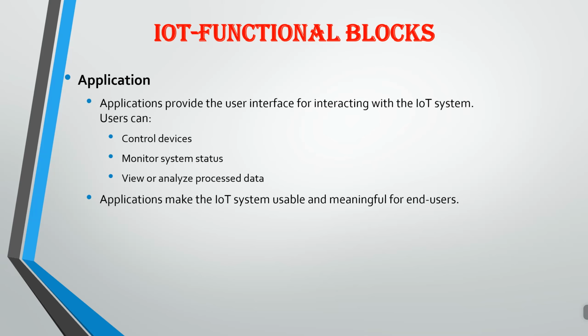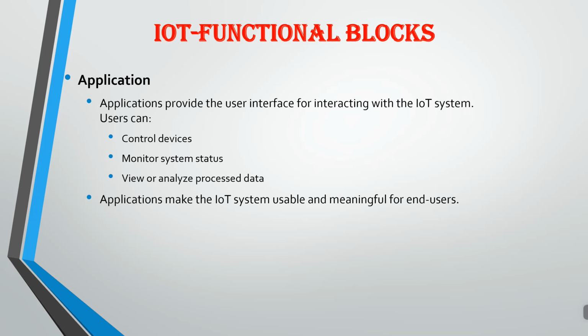So I've given an example of the car, but it could be with any IoT devices. An application software could control the devices. Application software could monitor the system status. At the same time, application software could view or analyze the processed data. So applications make the IoT system usable and meaningful for end users.